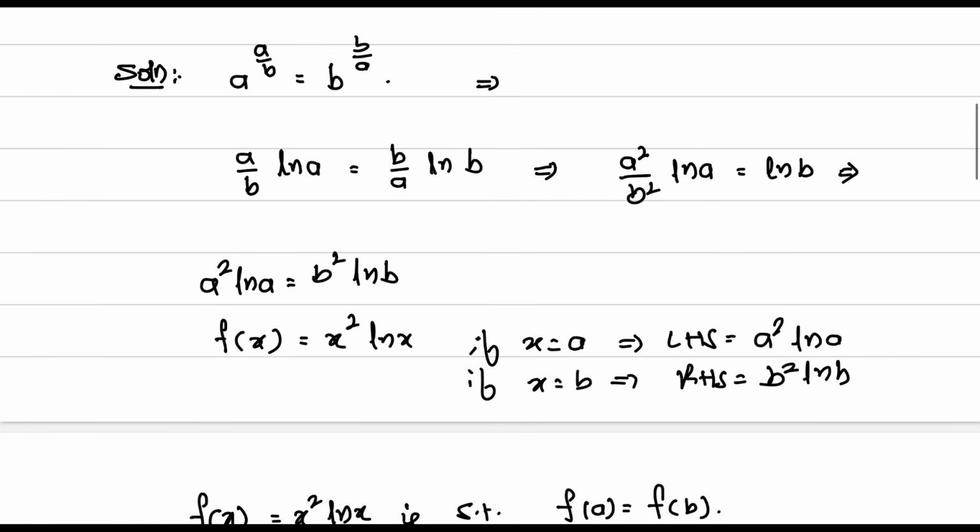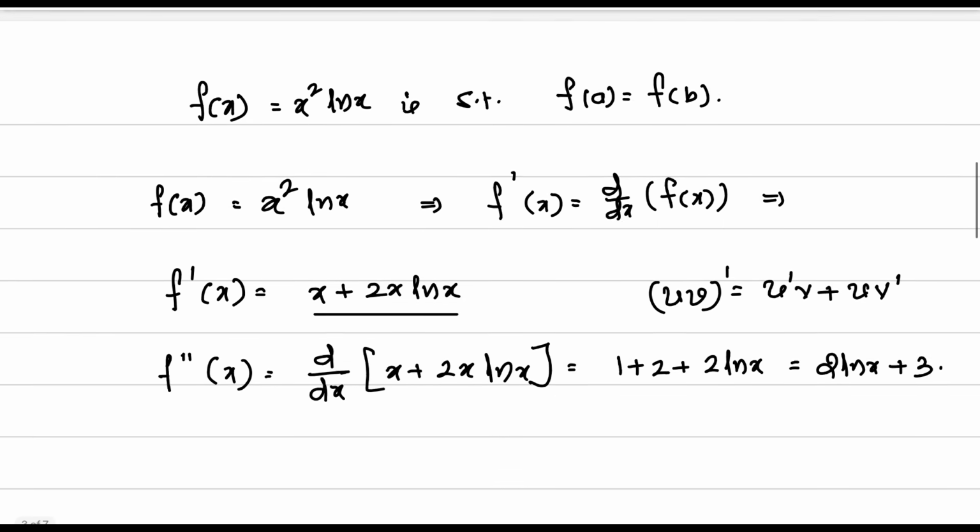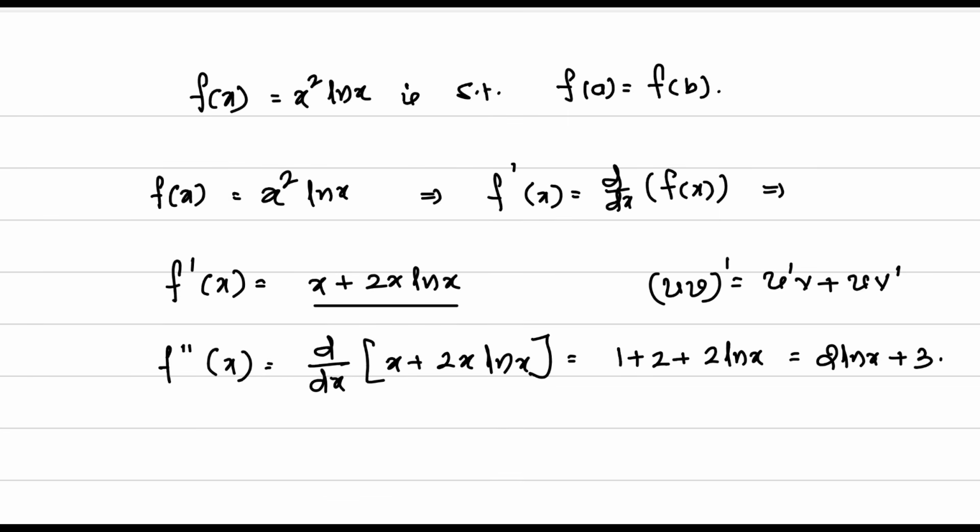When x is positive, a and b are also positive. You see here also, ln x can have a value only when x is positive, because the function is x squared into ln x. This is defined when x is positive.